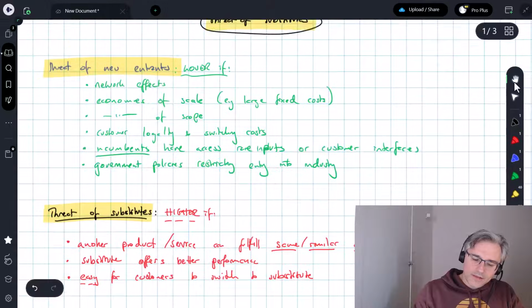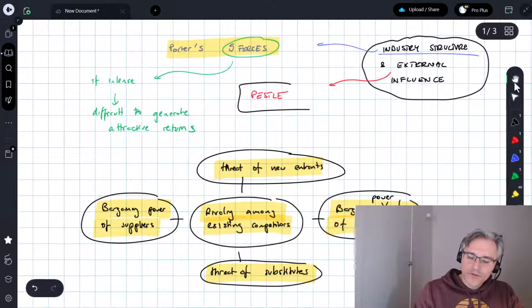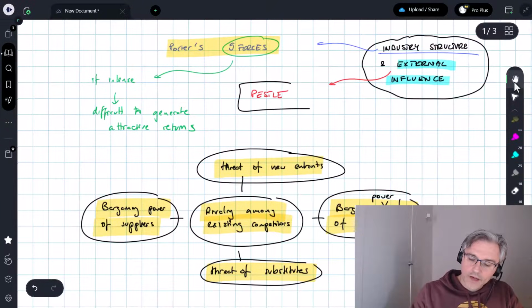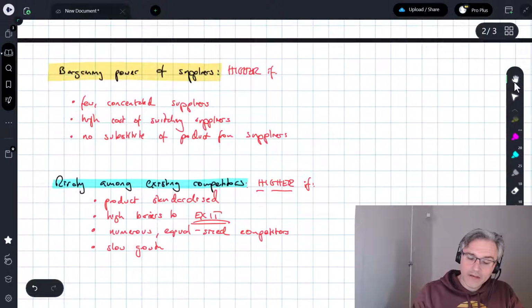So that's Michael Porter's 5 forces in a very telegraphic summary. Let's now focus on the PESTLE framework for analyzing external influences.